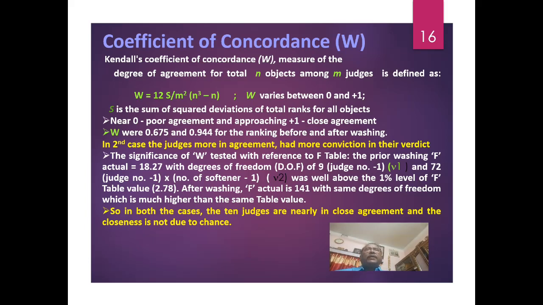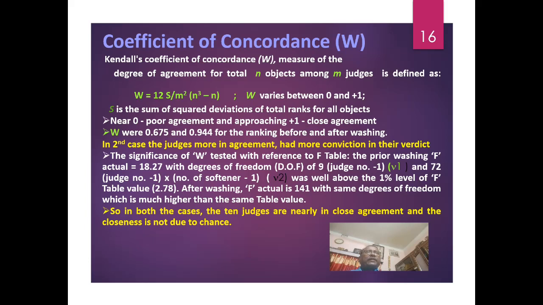A high W shows that judges are more in agreement, with more conviction in their verdict. Significance of W is tested with reference to the F table. Prior to washing, F actual was 18.27 with degrees of freedom of 9 and 72, which was well above the 1% level F table value, that is 2.78.